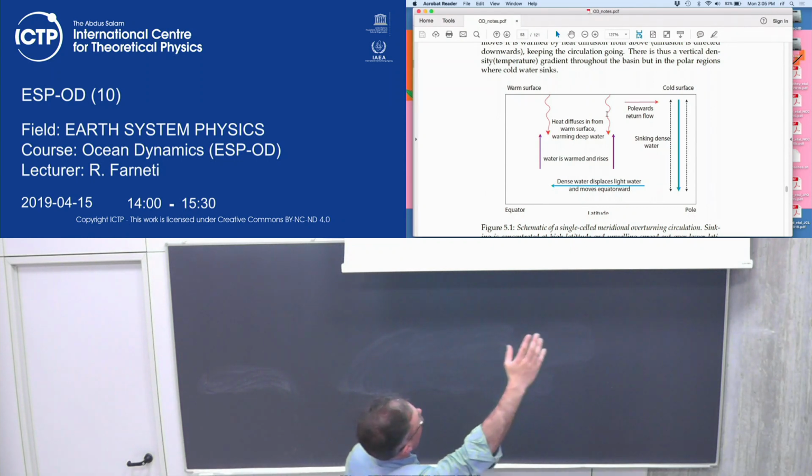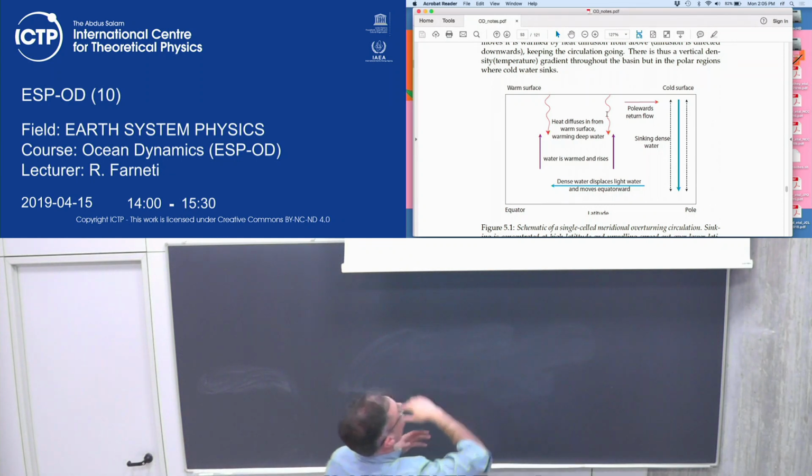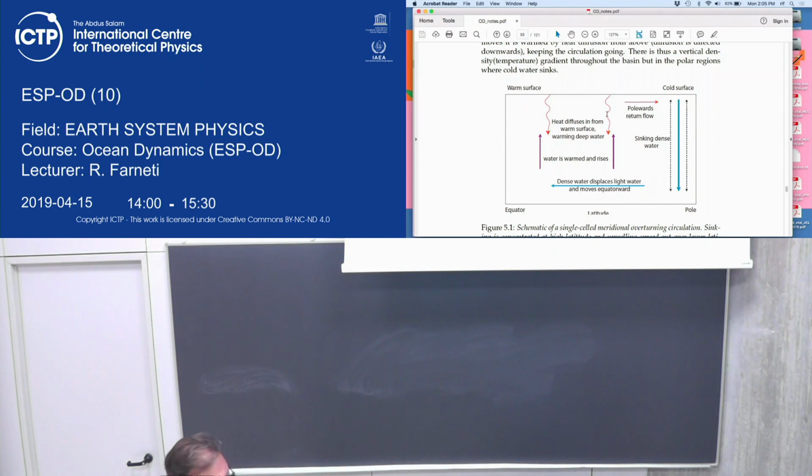We have sinking water near the poles, where the air is cold and cools the water. The water gets dense, sinks to the bottom, creates a pressure gradient, starts filling the whole interior, and then eventually there must be some diffusion that mixes this very cold water and makes it slightly warmer, and there is a rising motion of this less cold water towards the surface.